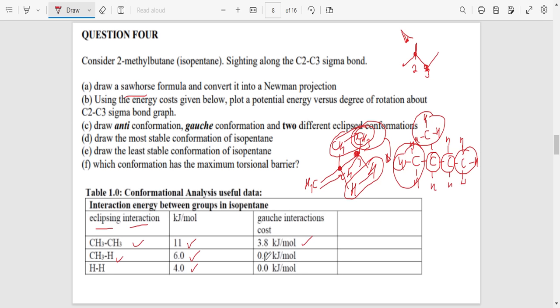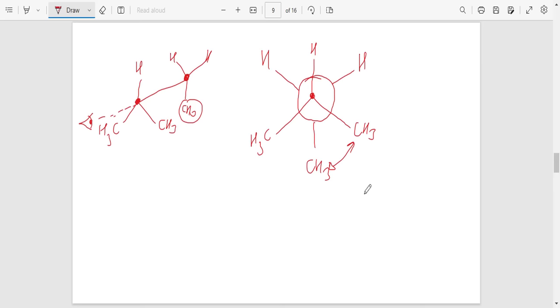Now, for the gauche interaction between the hydrogen and hydrogen, or the CH3 and H, there's basically no energy. What do we mean? Here, there's basically no repulsion. It is stable like that. Meaning that when I put this group so near to this one, there's going to be instability. Okay, so what does that tell us?